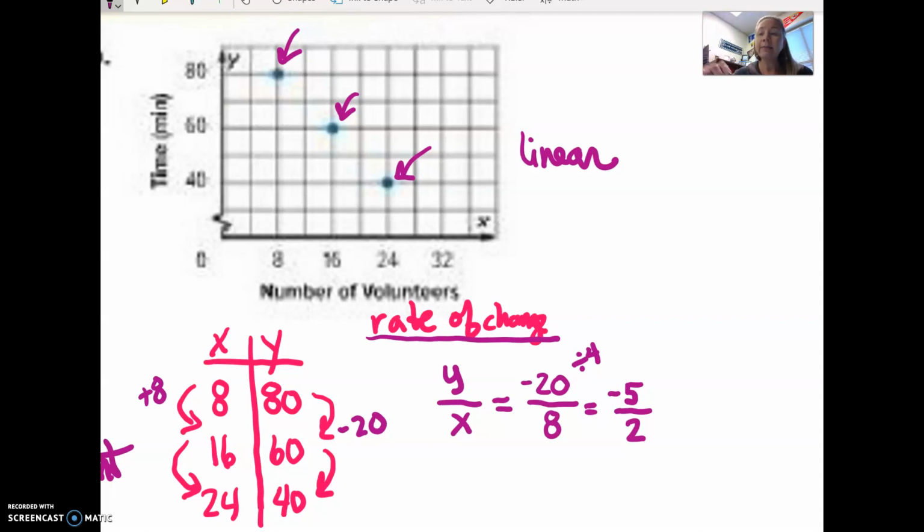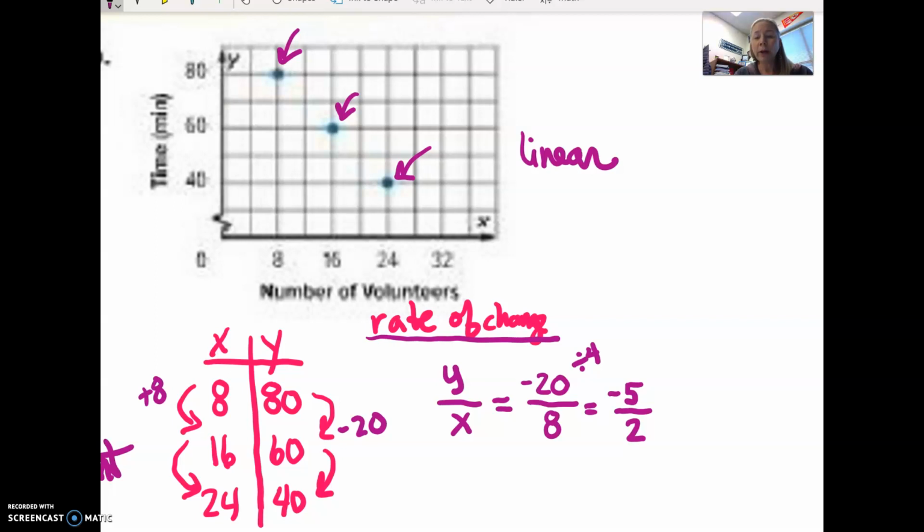I can see that they form a straight line. If we were to connect those together, it would form a straight line. So I know that it is a linear relationship. Then I can look here at my table and I say, okay, well, the y is going down by 20 each time, and the x is going up by 8 each time.